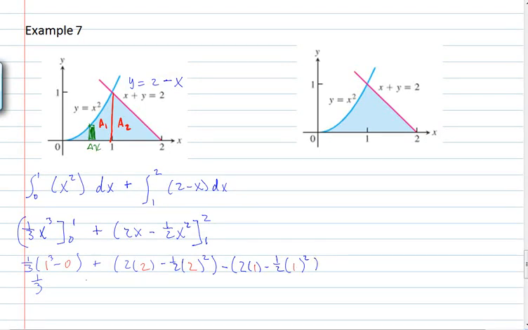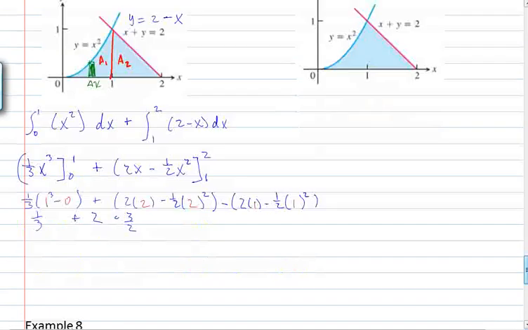So this is going to be 1/3 plus, that's 4 minus 2 is 2, minus 2 minus 1/2 is 3/2. So this is minus 3/2.